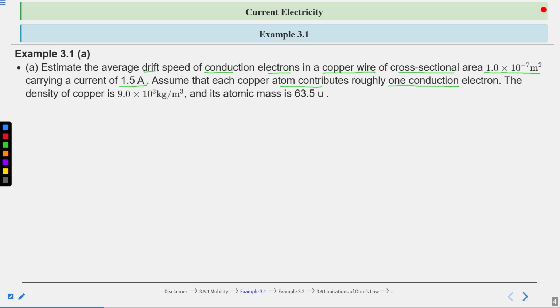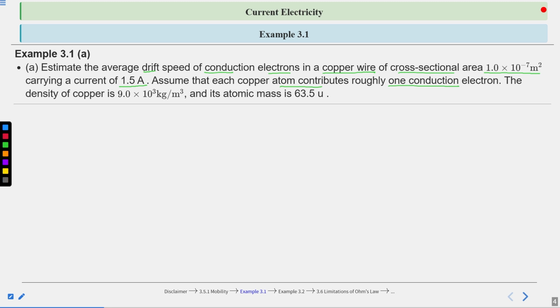So in conducting copper wire, each copper atom contributes only one electron. It means in this wire, number of electrons is equal to the number of copper atoms. So number of copper atoms is same as number of electrons because each copper atom is contributing roughly one conduction electron.